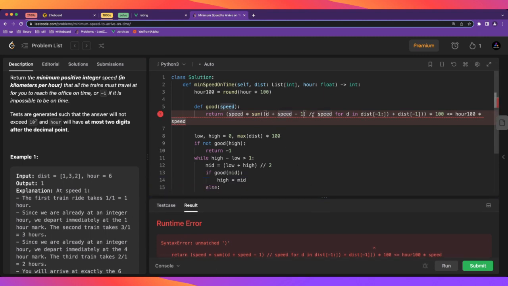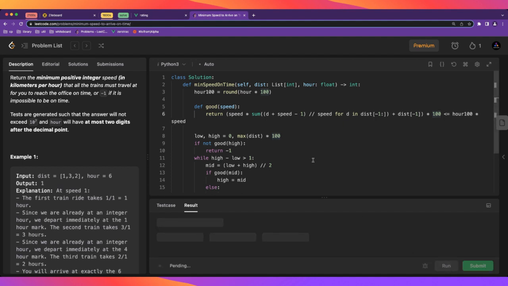Okay, this was a little too long. That's why I messed up the parentheses, but I think I have too many there. Let's see.